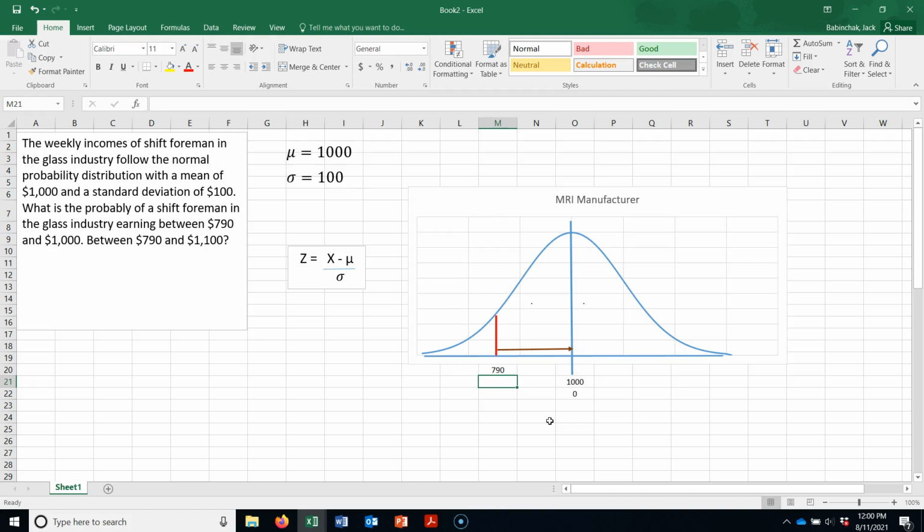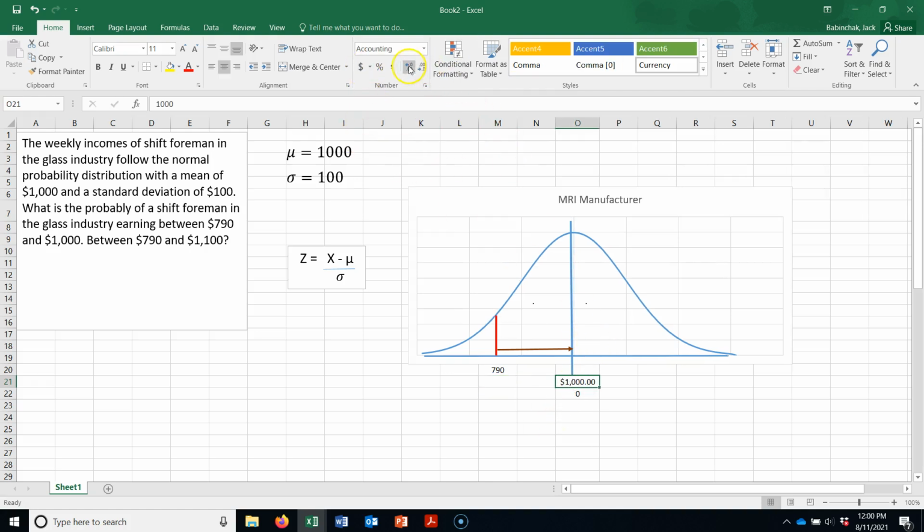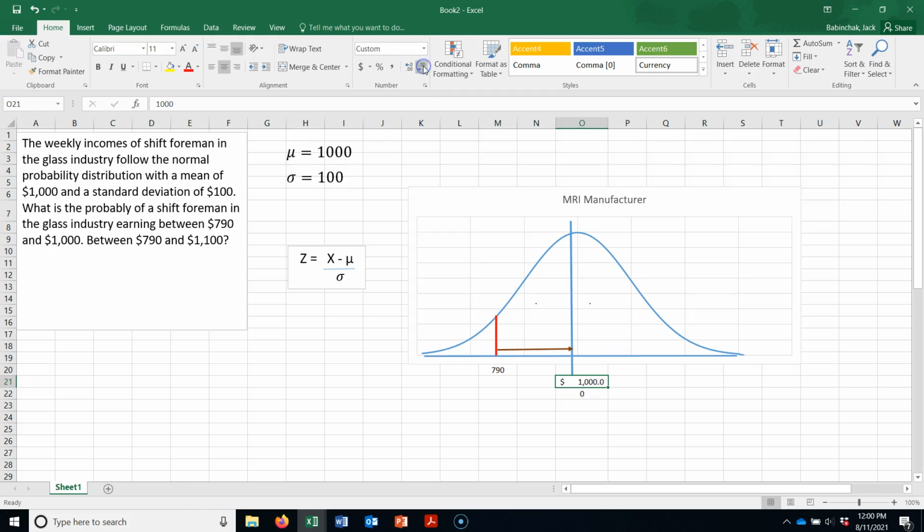The weekly incomes of shift foremen in the glass industry follow the normal probability distribution with a mean of 1,000, which we have here. You can see the mean of 1,000, and a standard deviation of 100.